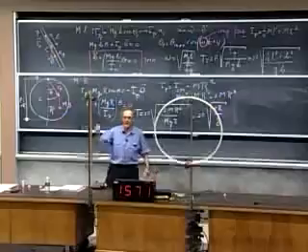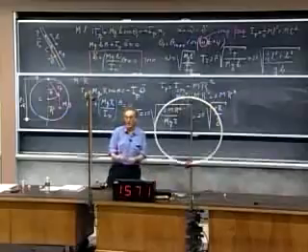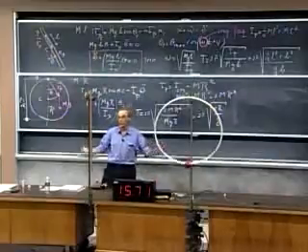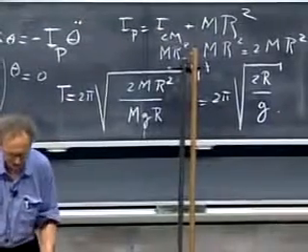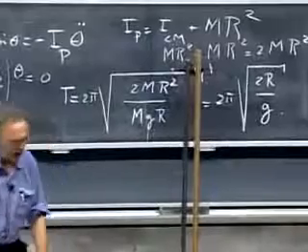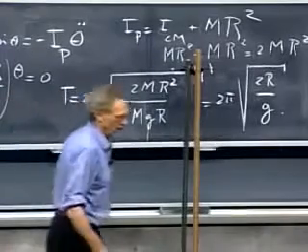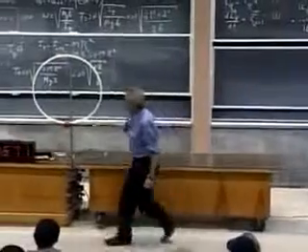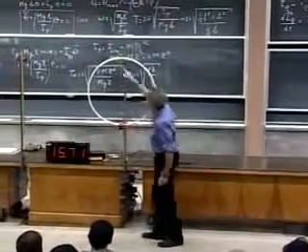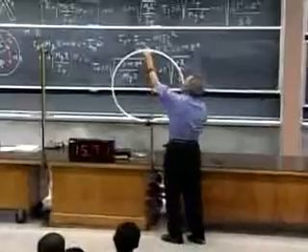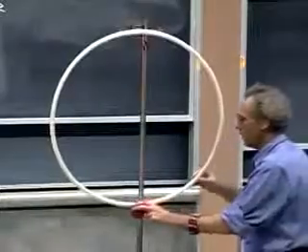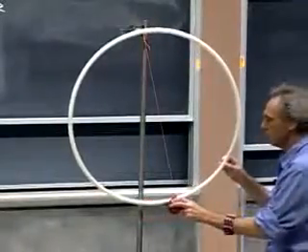That's always the case. With a simple pendulum with a mass at the end, the period is independent of the mass. Not with springs, but always with gravity. So the first thing I want to show you is that if I have here an apple on a string, and the distance from the center of the apple to this pin is about the same as the diameter of the hula hoop, they probably have very closely the same period.